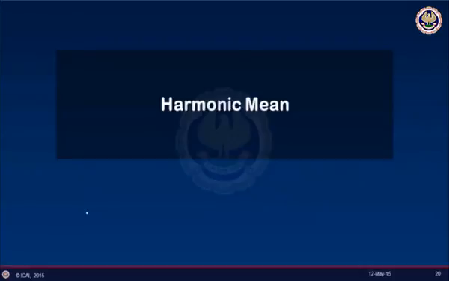Harmonic mean is very much useful in the area of time and distance. When distance is constant and the speed varies, then the average speed can be found out with the help of harmonic mean.